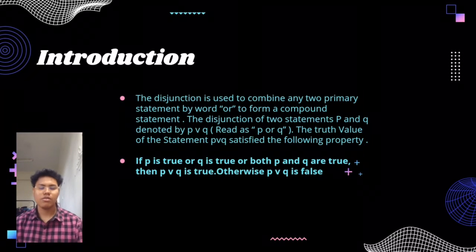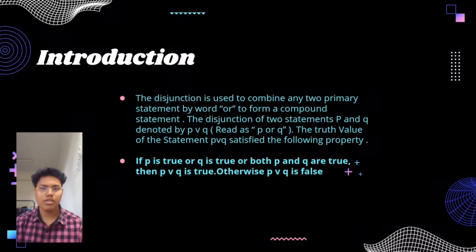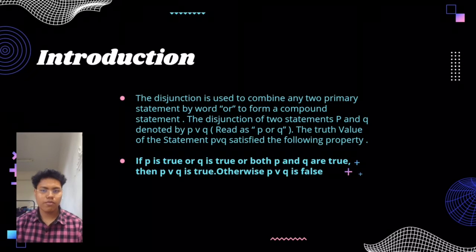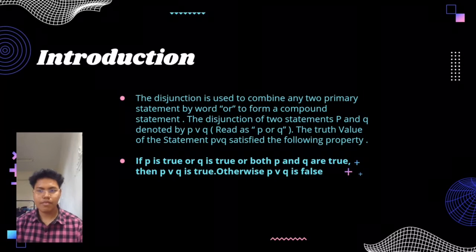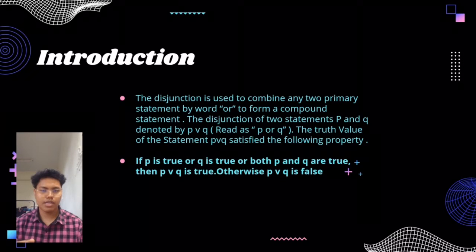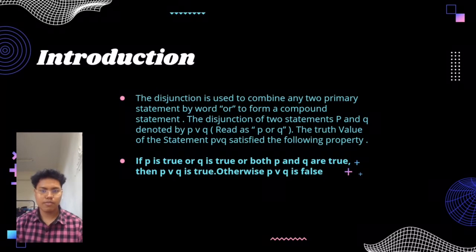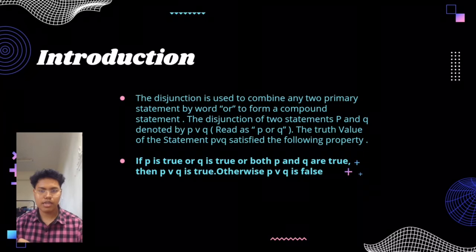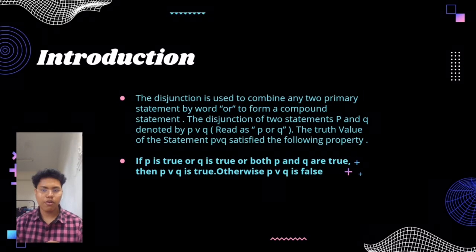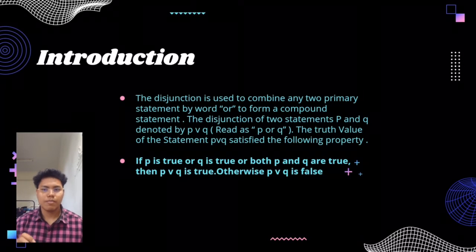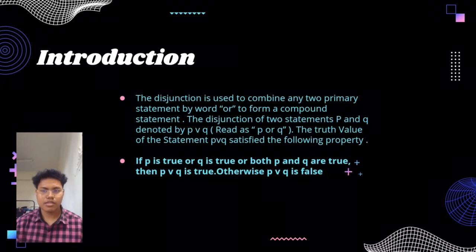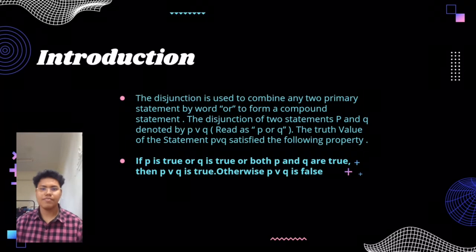Next, I will explain about disjunction. Disjunction is used to combine any two statements with the word or to form a compound statement. The disjunction of two statements P and Q is denoted by P v Q, read as P or Q. The truth value of the P or Q statement satisfies the following properties.